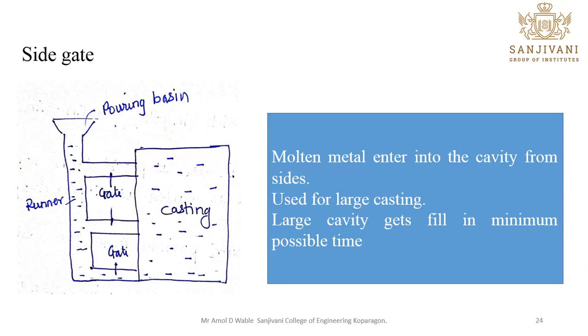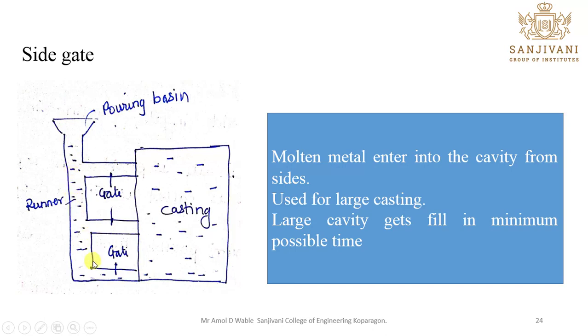Another is the side gate. If you have a large volume plate which needs to be cast, such as the base of a drilling machine, milling machine, or a bed, those are all made by a casting process. For that kind of large volume component, you can use a side ingate. Here you can see this is a runner, this is a sprue, where you pour the molten metal, then it will pass through this runner, and through the runner gates will be connected to the cavity.